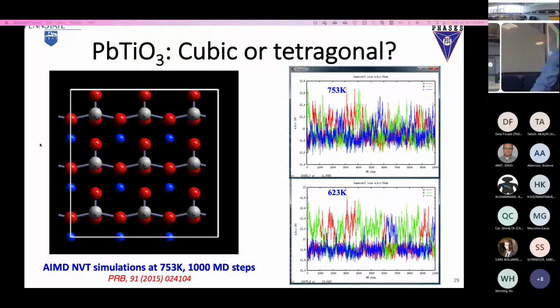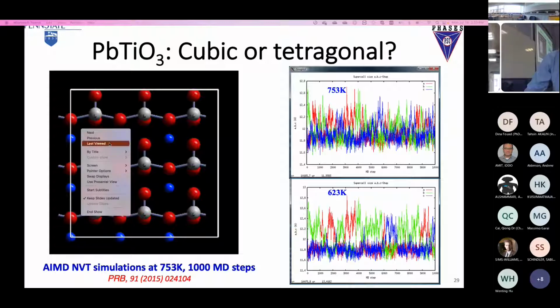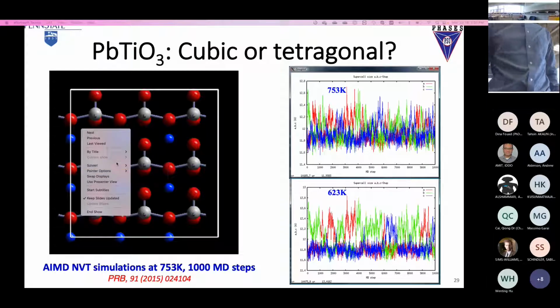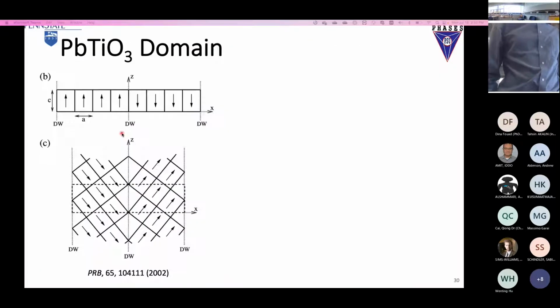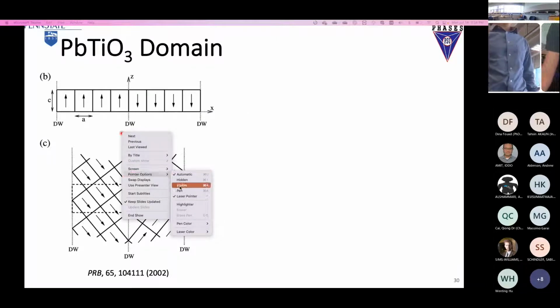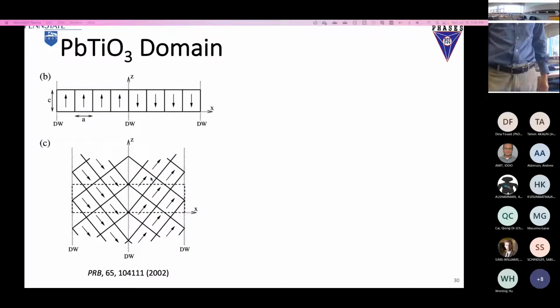Oh yeah, there, yes. Can you click? I should click this one. Next one, pointer option. They should turn off the laser pointer. Yeah, go down to the pointer option and automatic. But visible is okay too. I don't know. How do we go back? Is the laser pointer this one?